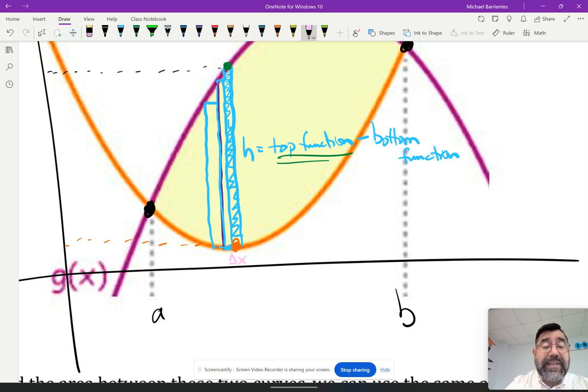But the height depends on which is the top function, which gives me the top y value, and the bottom function gives me the bottom y value. If I subtract those, I get the distance in between them, which is the height. So top minus bottom, whenever we're creating our rectangles vertically, perpendicular to the x-axis, making 90 degrees with the x-axis, that's going to be my setup.